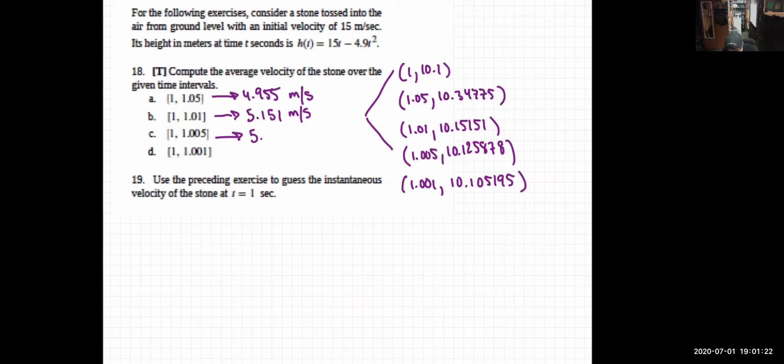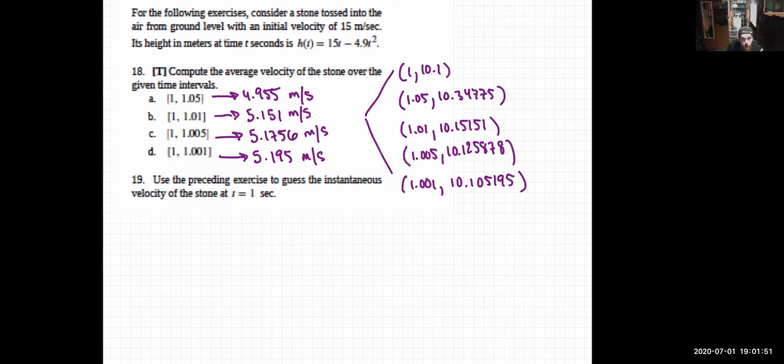That is going to be 5.1756. And now here, we are just going to be using these 2 points. So that's going to be 0.105195 minus 0.1 divided by 0.001. And that is going to be 5.195. And these are all meters per second.